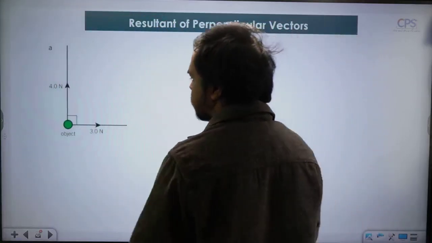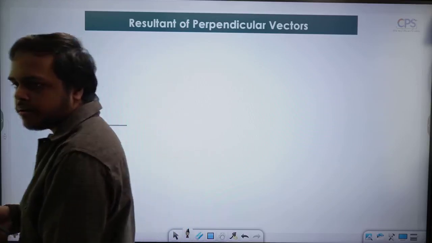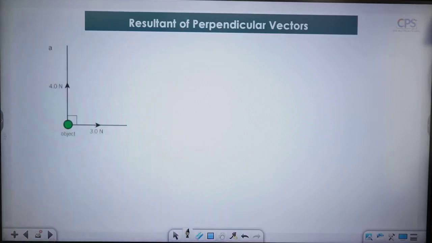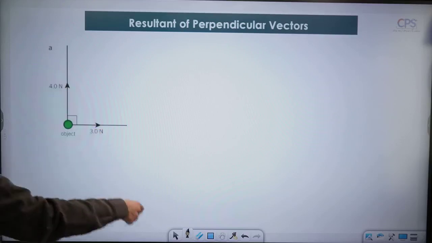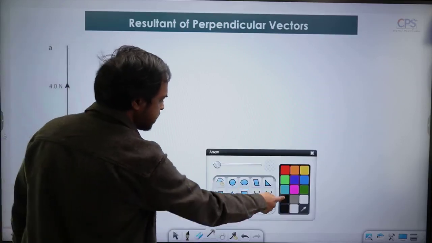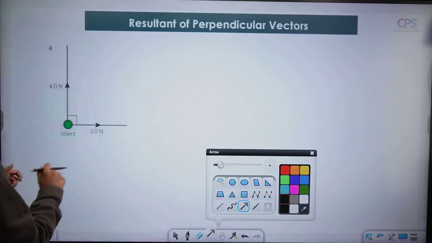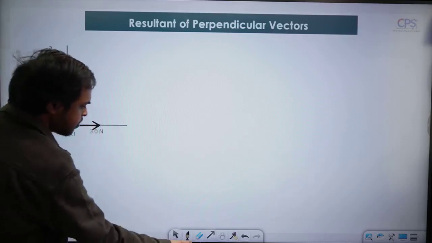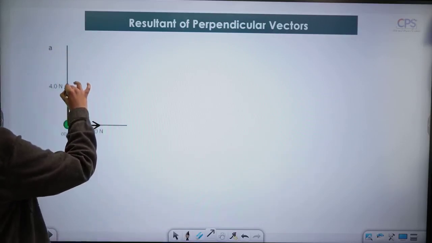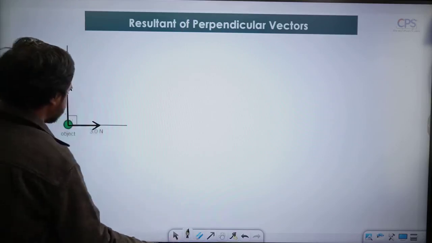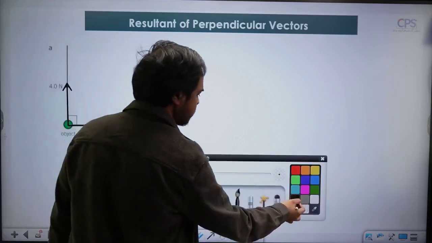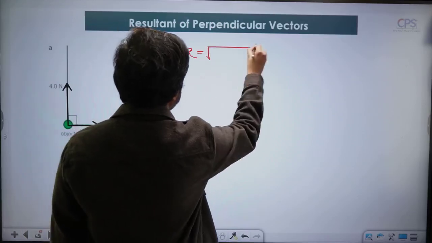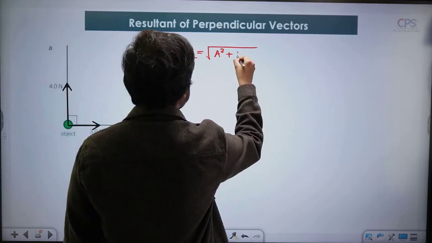What we'll do right now is get the summation of these two vectors. This is 3 Newton and this is 4 Newton. If you can't see it, on an object there are two vectors, 3 Newton and 4 Newton. So, what will be the summation? Let's say the summation is R. It is root over A square plus B square, right?